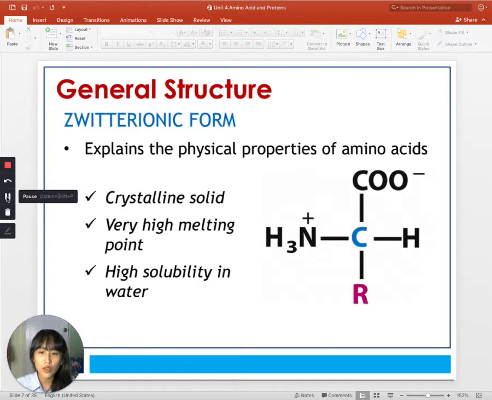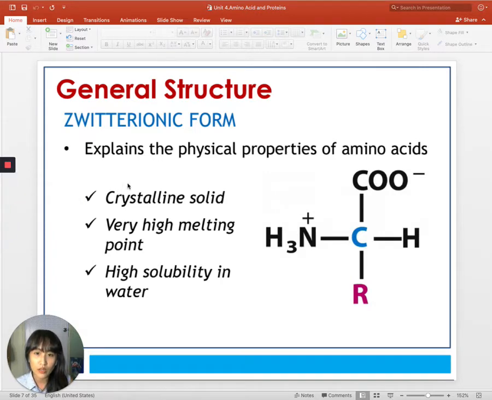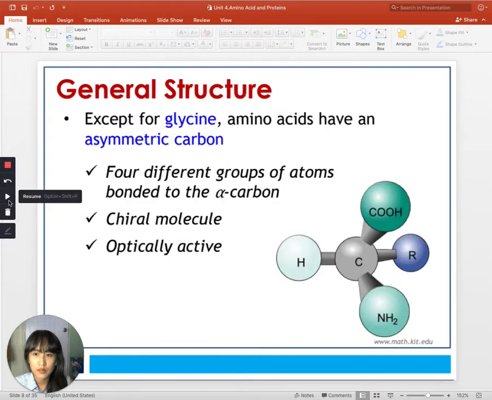The Zwitter ionic form explains the physical properties of amino acids, which I mentioned a while ago, that amino acids are crystalline solids. They have very high melting point and they have high solubility in water. Another property of amino acids is, except for glycine, having a chiral carbon center which allows stereoisomerism.